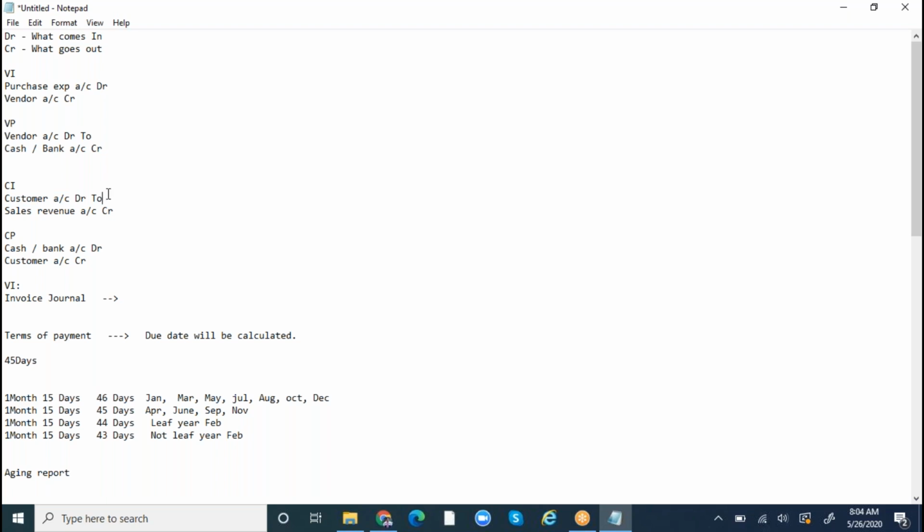Customer account debit, then sales revenue account credit as the opposite entry. It's a revenue account. And whenever you have received money, your cash balance or bank balance is increasing. So that is debit.